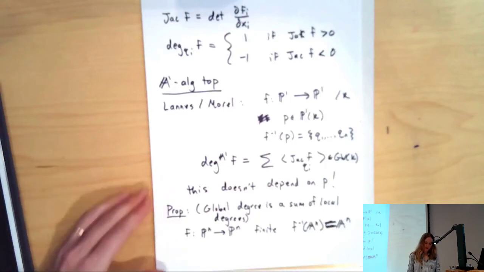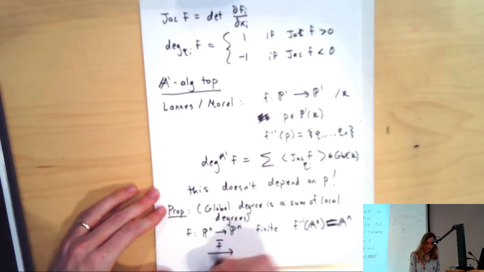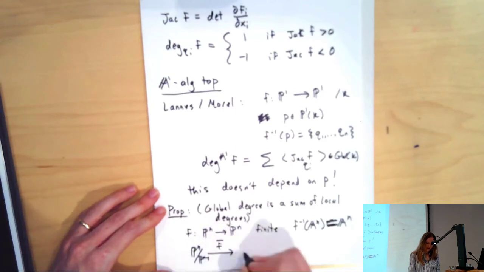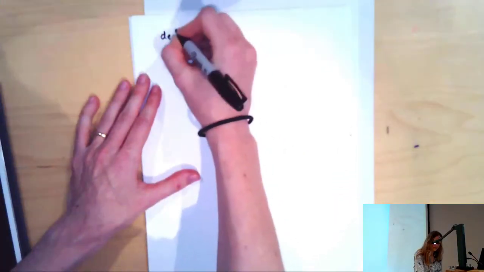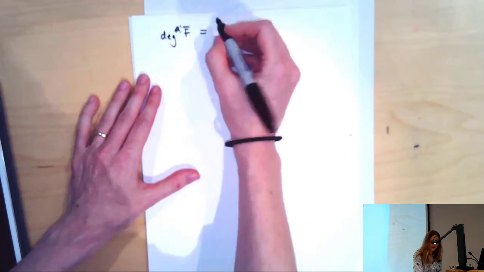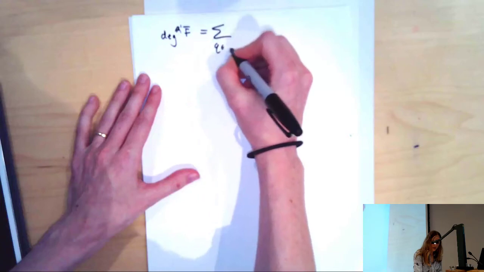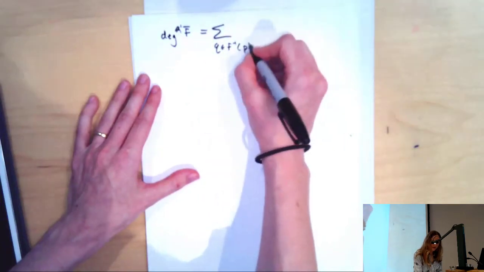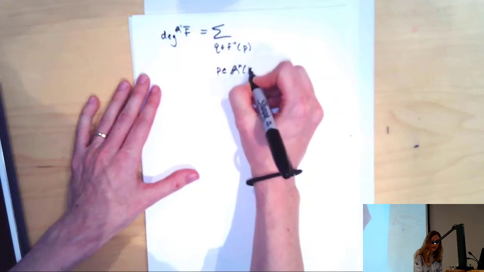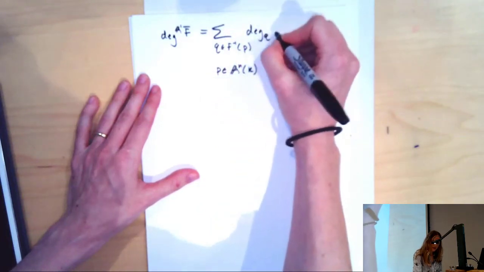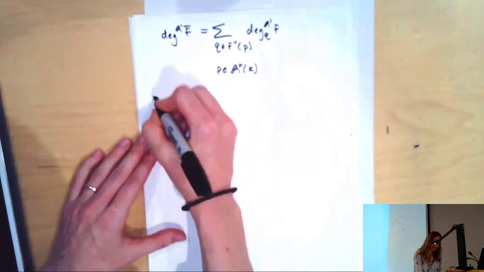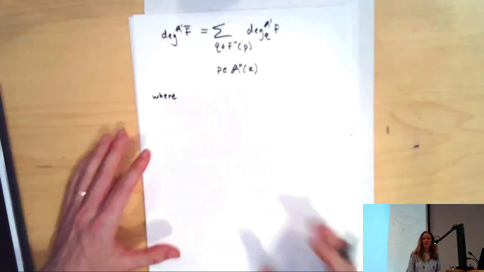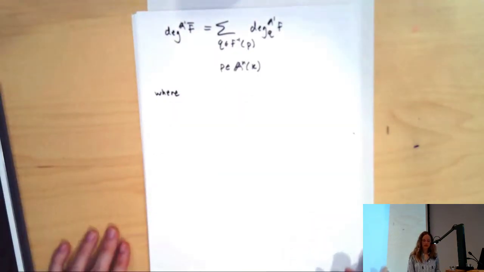An is going to map to An, then we have an induced map f bar from Pn over Pn minus 1 to Pn over Pn minus 1, and the degree of f bar is the sum over q in f inverse of p, for any p in A, k-rational, of the local degree of f at q, where this local degree we can define with those balls like we did in the first lecture.